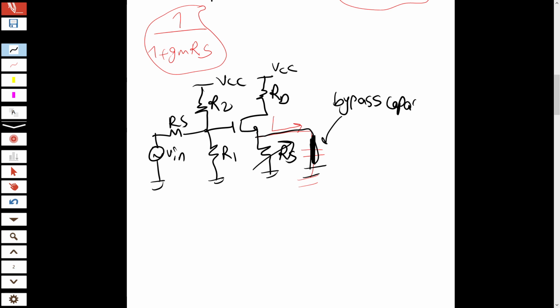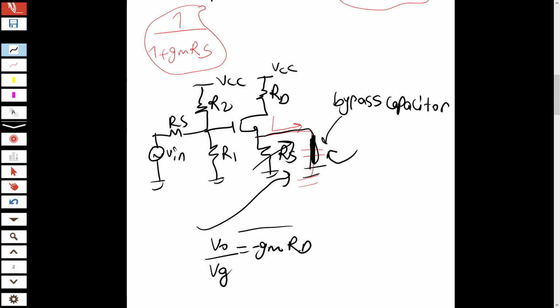So I can increase my gain by the factor 1 plus gm RS simply by adding this bypass capacitor. So what is the gain now? V output over V gate is minus gm times RD. This capacitor is important, and it is widely used.